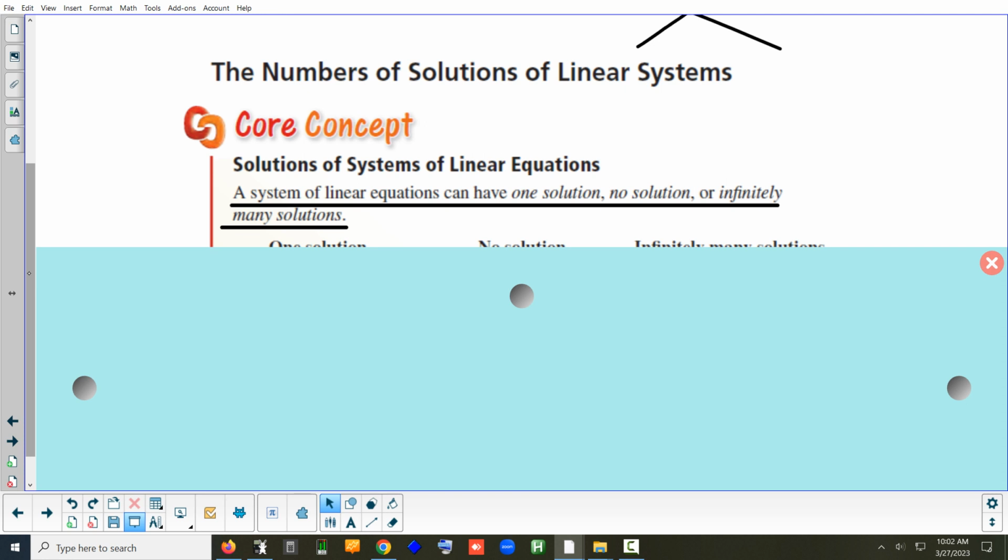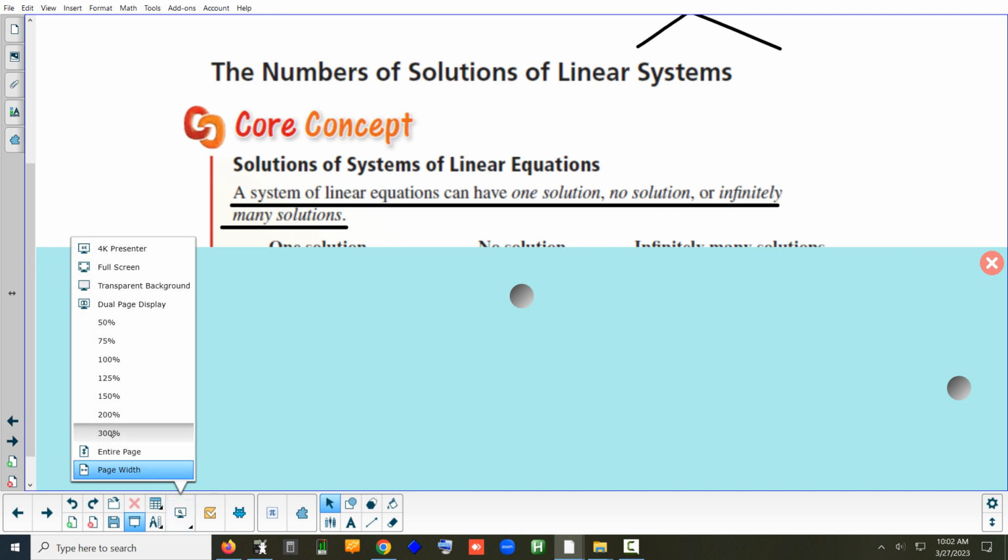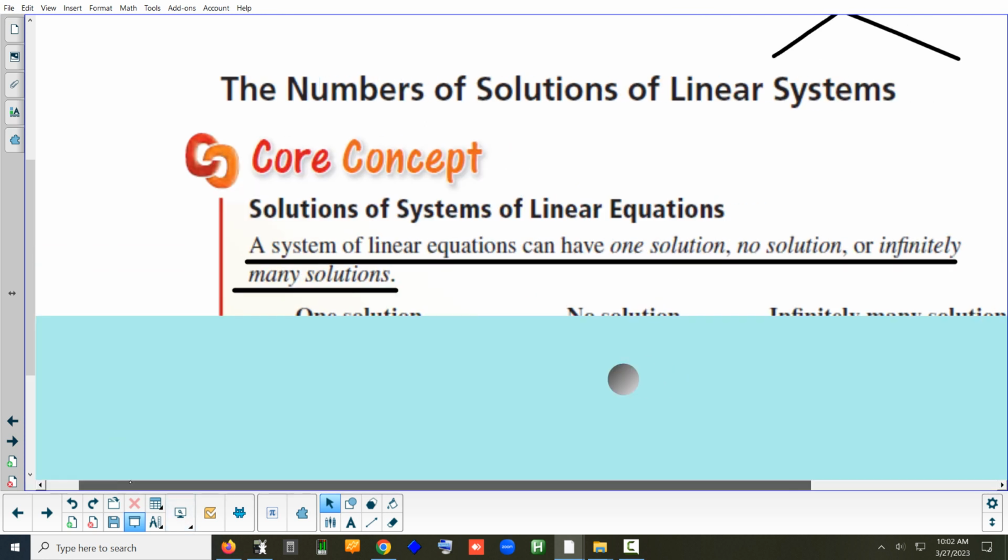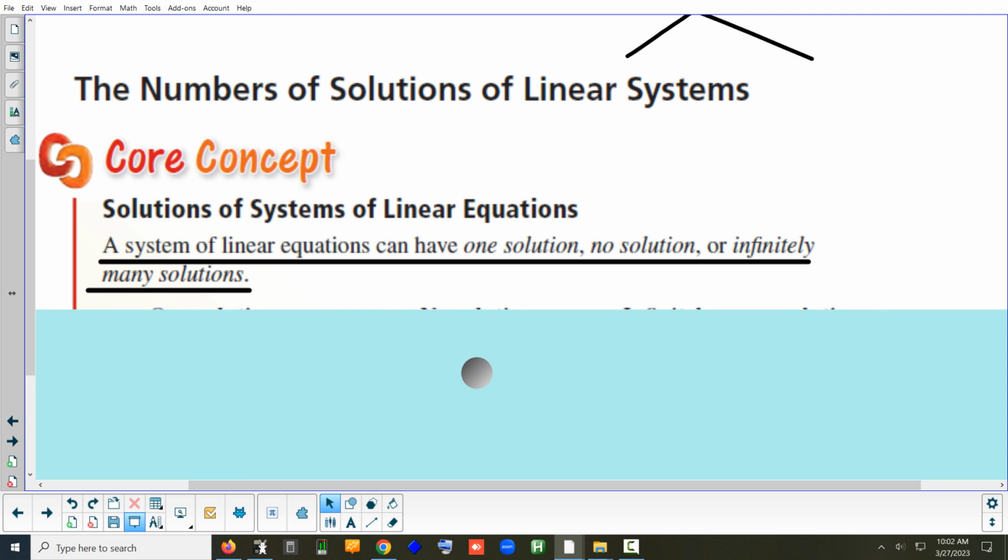Under the part where it says solutions of systems of linear equations, you want to copy down: a system of linear equations can have one solution, no solution, or infinitely many solutions. One solution is what we've been doing up until now. Every single problem I've given you has been one solution.